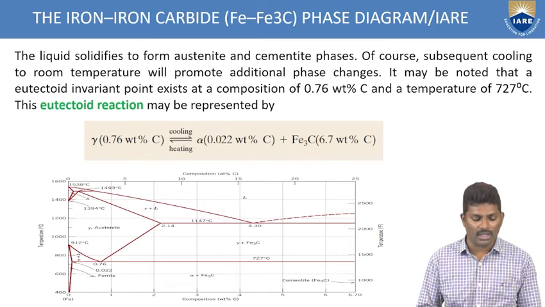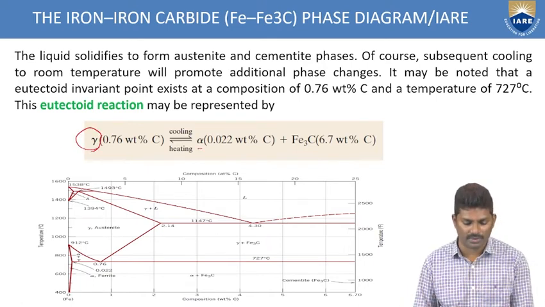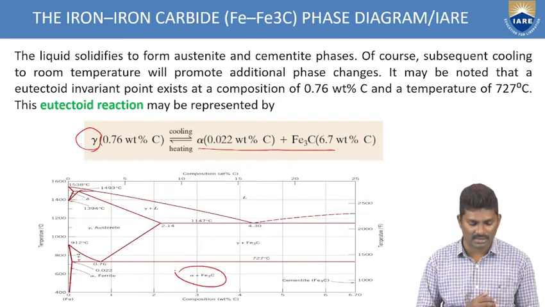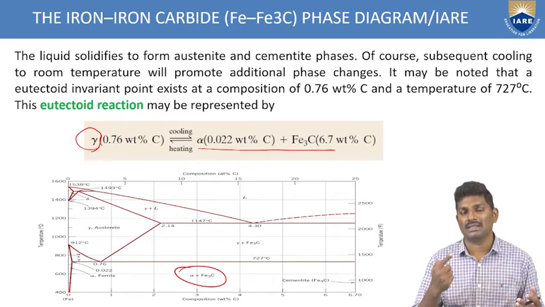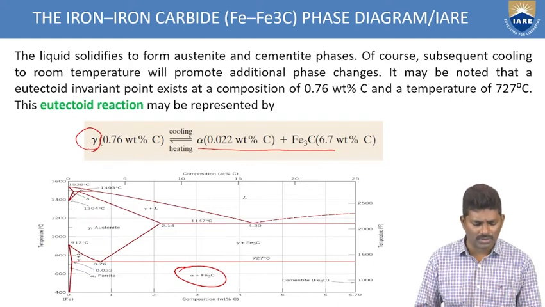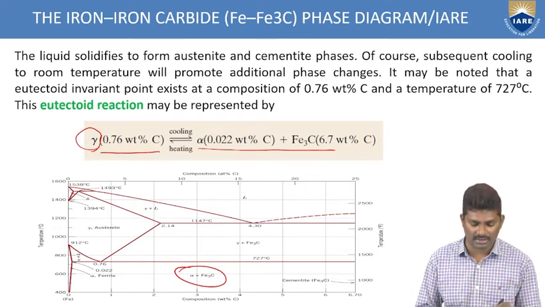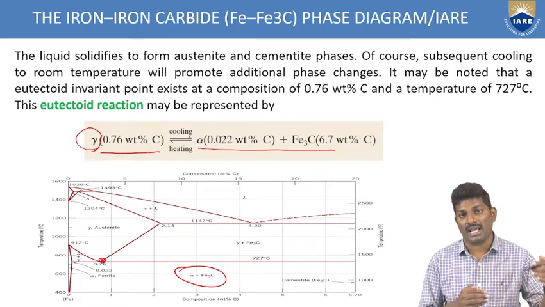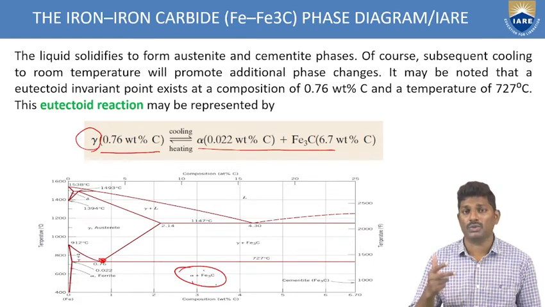What is eutectoid? When a single solid is converting to two solids. So alpha and Fe3C. That means at this region you are getting a eutectoid reaction, once a solid is converting to two solids. So the gamma at 0.76 weight percentage, at this point, transforms to alpha plus Fe3C, that is two solids.